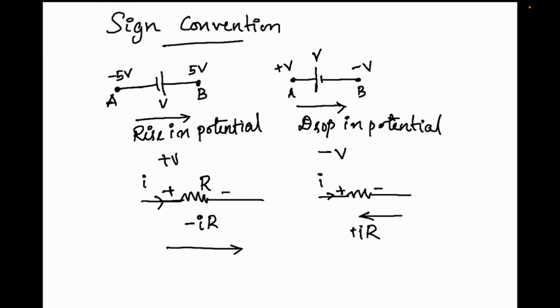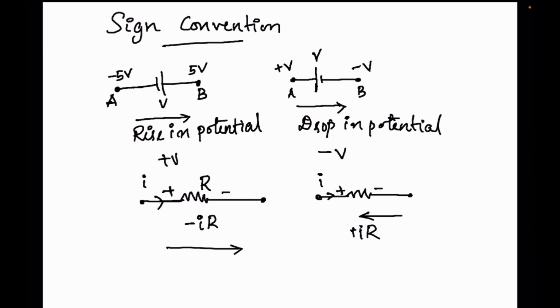So always remember, whenever I take a circuit and we are doing the analysis, I usually put the direction in which I move and the current direction as the same. I'll always take the current direction as clockwise and I'll move in the current direction.